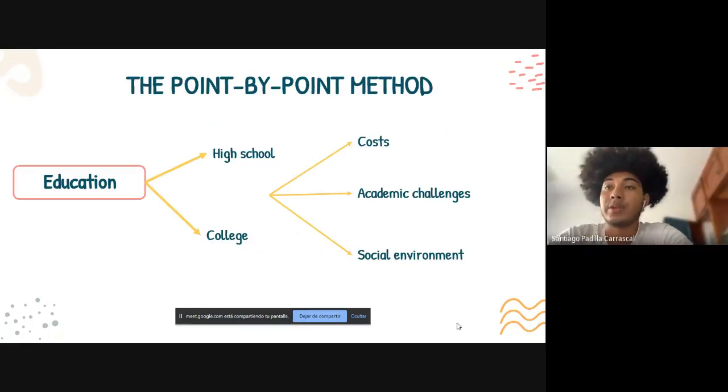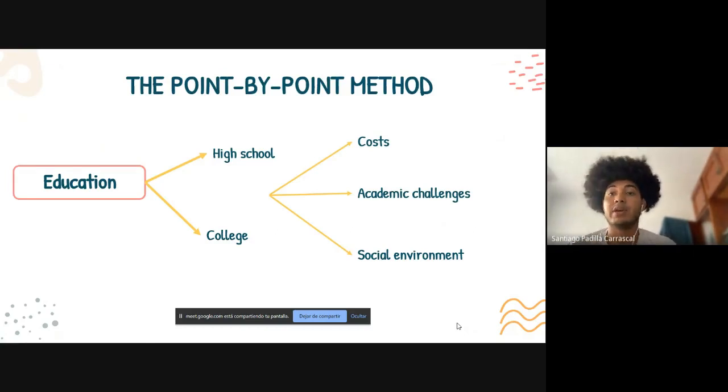And now, talking about the point by point method, here the writer is going to take three topics related to the two objects he or she is going to compare and write about it in every single body paragraph.